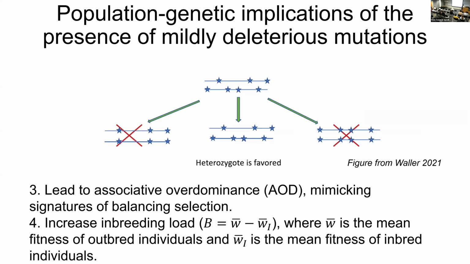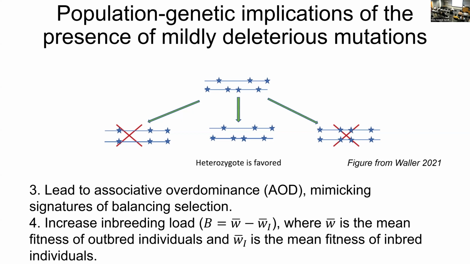But if they're heterozygous, they're actually fitter as a heterozygote. And so they're creating an alternative, balancing selection-like scenario, where the heterozygote is favored. This is called associative overdominance with deleterious mutations, so they can mimic signatures of balancing selection.